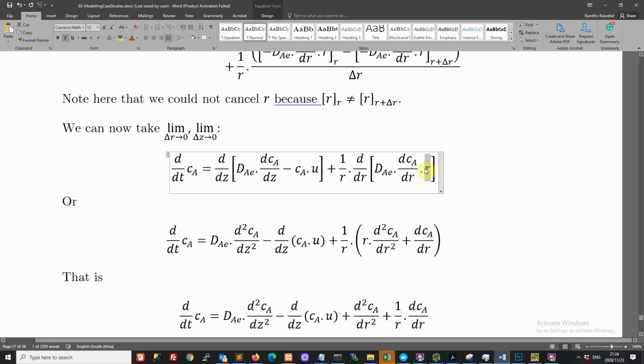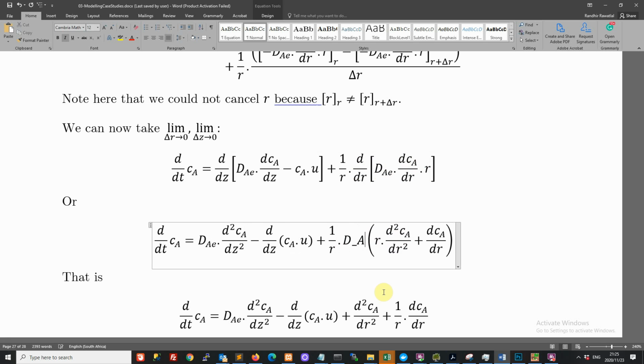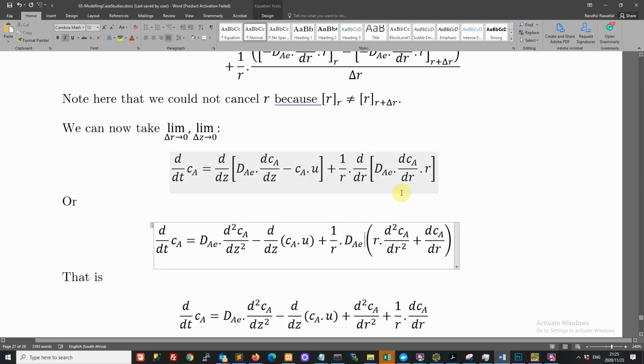If you leave the first one and differentiate this one, then you get r d2ca dr squared. I see I've missed my dAe, so I'm just going to take out a dAe here. Right, so that's one derivative, and then you can differentiate the r here, and you get dAe dca dr.